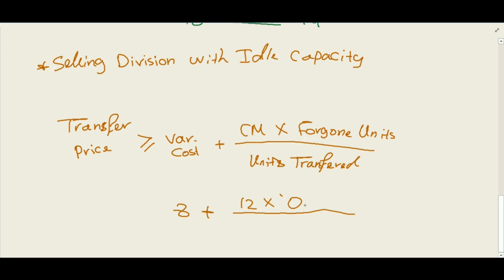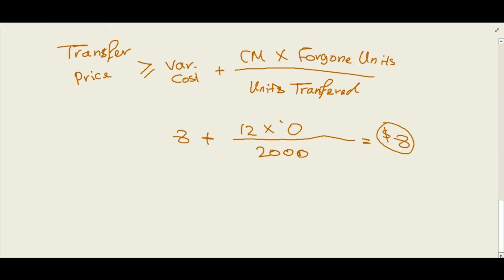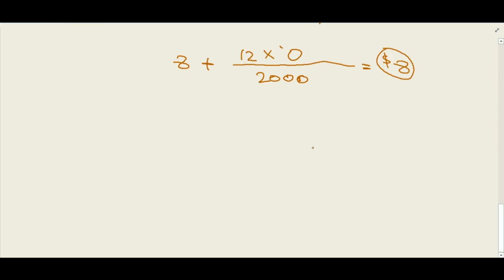So it's 0 in here divided by 2,000. If you do the math, that will give you $8. So they can agree on any price between $8 up to $18.